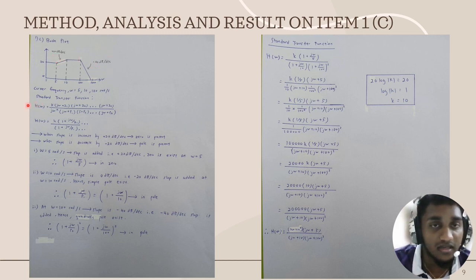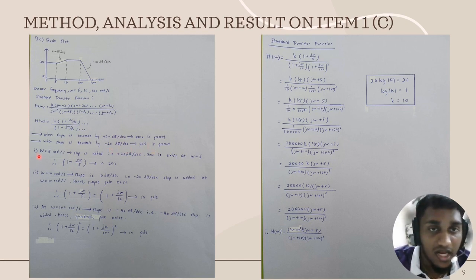And then secondly, we must know the basic formula of the standard transfer function. This is the transfer function formula, K equals constant. We must know that when the slope is increased by 20 dB, a zero is present, while when it decreases by negative 20 dB, a pole is present.